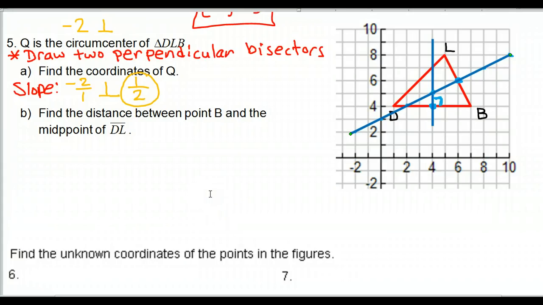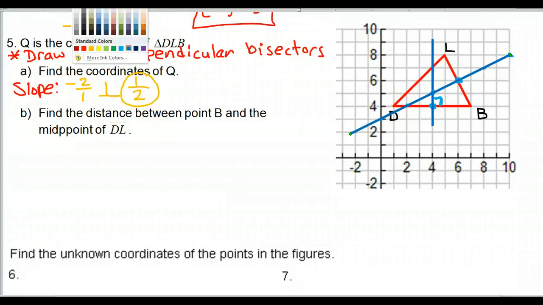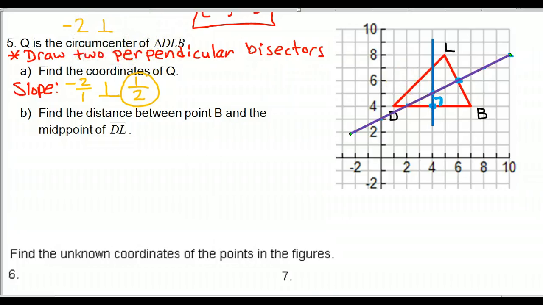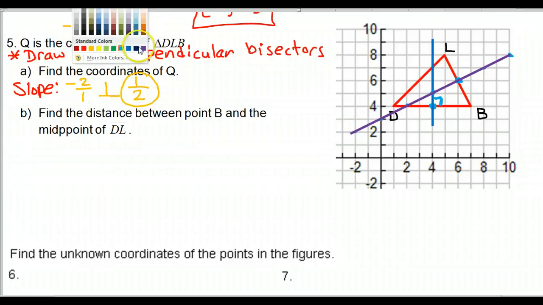Alright, so now I have my two perpendicular bisectors. Hopefully you can see that they intersect right here. Let's see, what color should I make this? I will make it purple. Oh, I made the line purple.